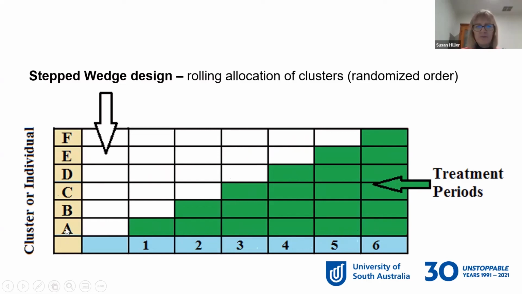So obviously, cluster A, that was randomised first, receives the intervention for 6 time periods with only a short control period, in contrast to, say, the final cluster to be randomised, which receives the intervention for only 1 time period with 6 time periods of control.